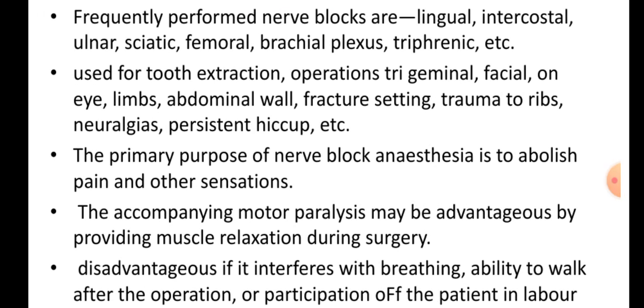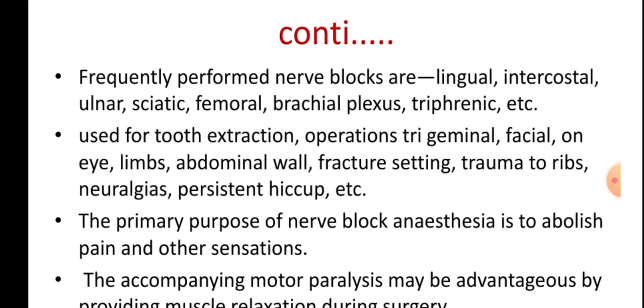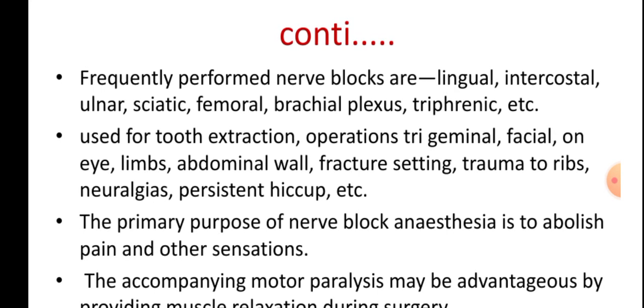The different nerves which we are going to block are the lingual nerve, intercostal nerves, ulnar nerve, sciatic nerve, femoral, brachial, trigeminal nerve, and phrenic nerve. They can be used for tooth extraction, operations of the trigeminal, facial, eye, limbs, abdominal wall, fracture setting, trauma to ribs, neuralgias, and persistent hiccups. For persistent hiccups, phrenic nerves.